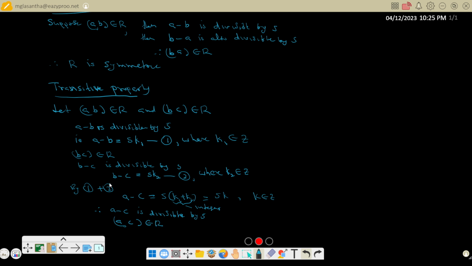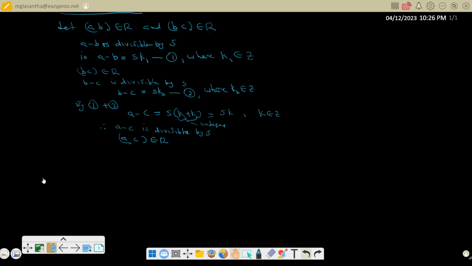Therefore, (a, c) belongs to R. Now if you have in that relation (a, b) belongs to R and (b, c) belongs to R, then you can show (a, c) belongs to R, right? Therefore, this relation is transitive.